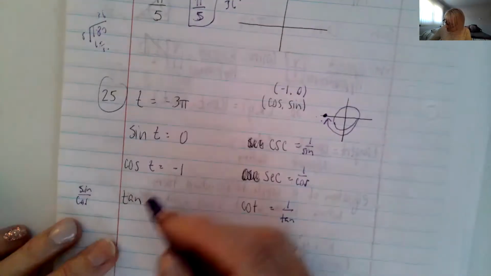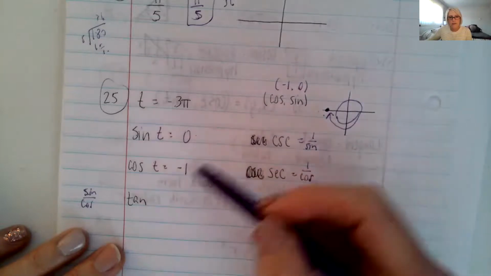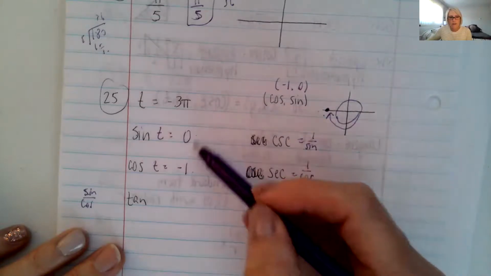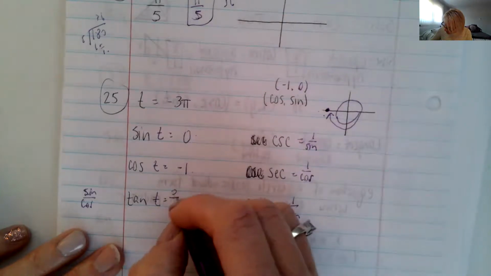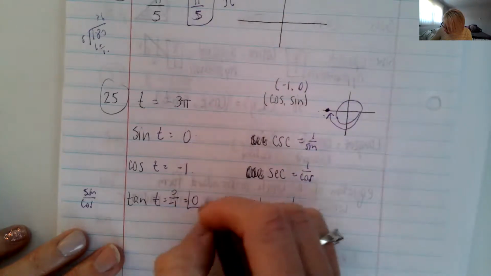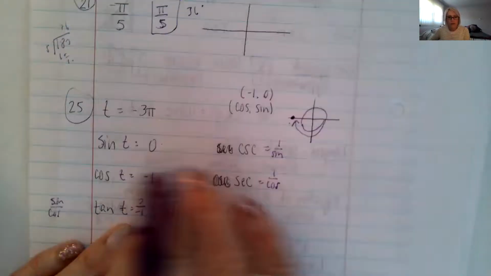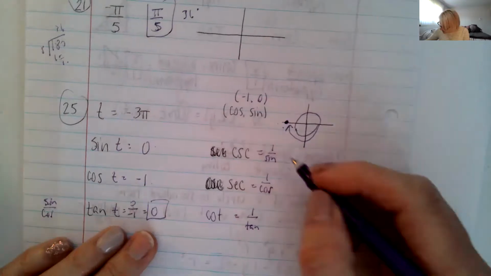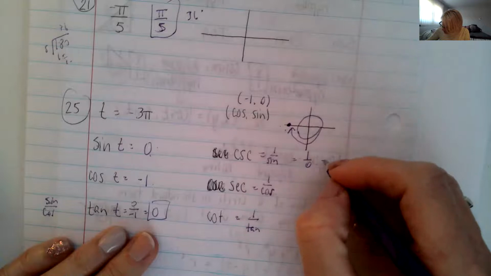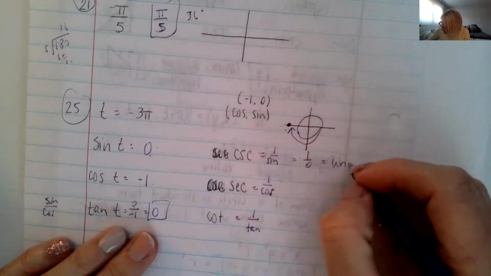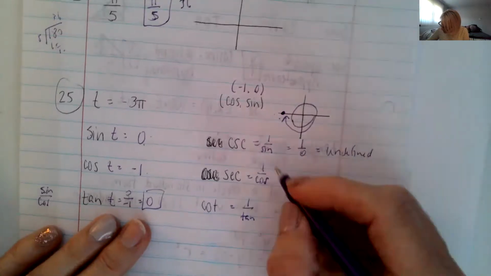And so tangent is always sine over cosine. That's why I write them like this: sine, cosine, tangent. Tangent is sine over cosine. So tangent of t is equal to 0 over negative 1, which is 0. And then over here, we can just do the reciprocal. So this would be 1 over 0, so cosecant is undefined at negative 3 pi.